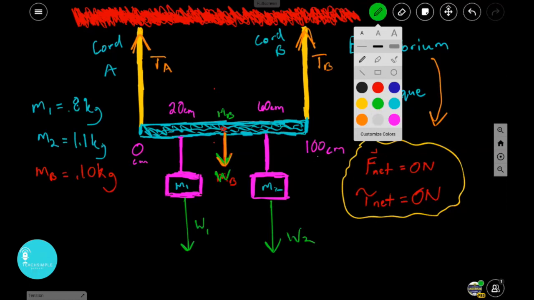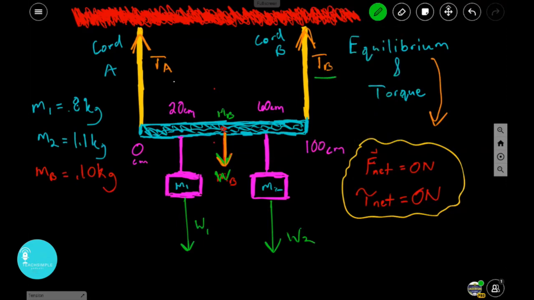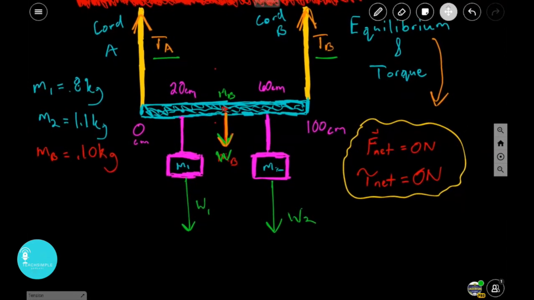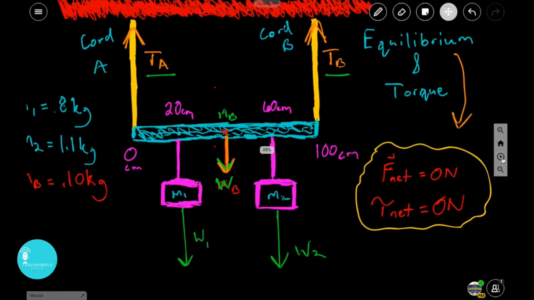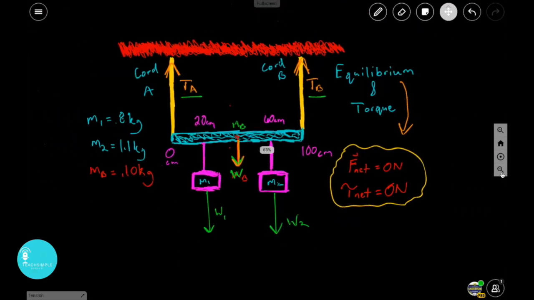In this problem they want us to calculate the tension. Previously, in the other equilibrium problem, when we calculated the tension, we had to create an equation and solve for those missing variables. So that's what we're going to do.